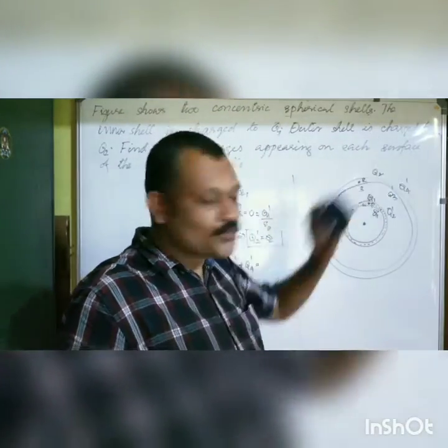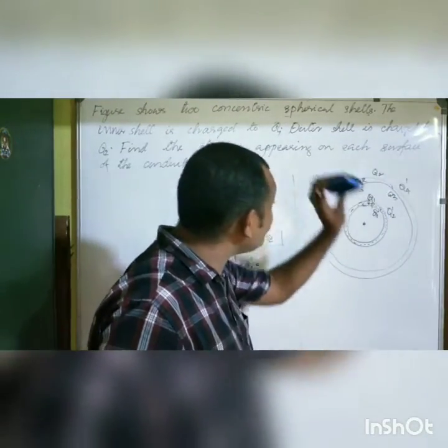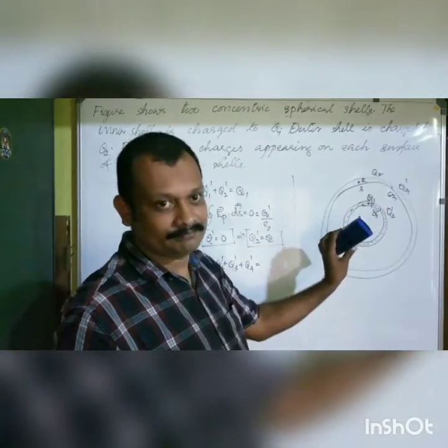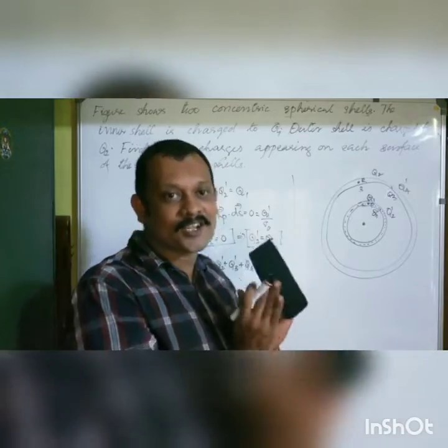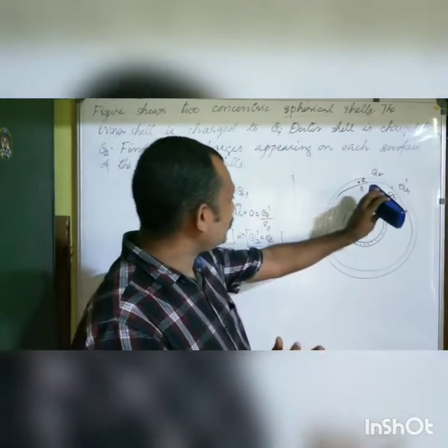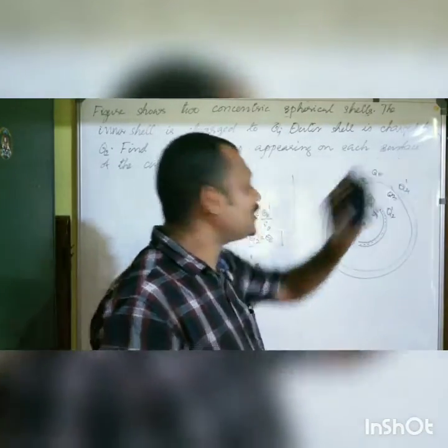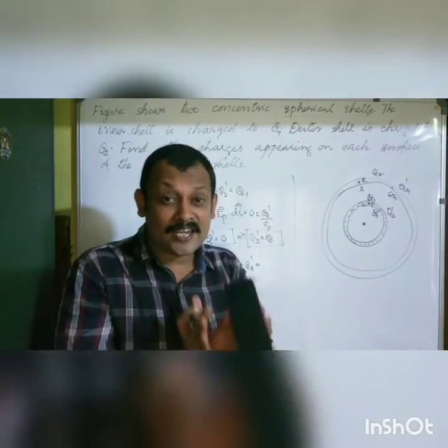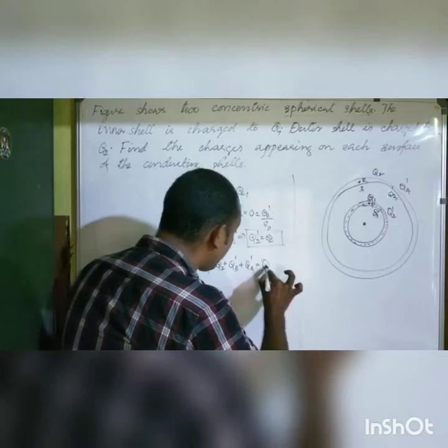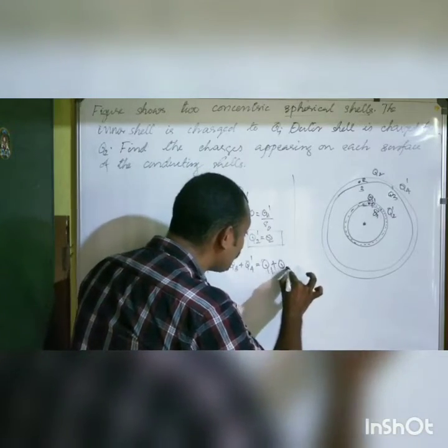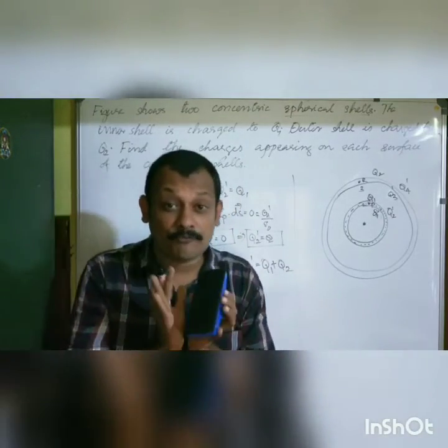The charge given to this was Q2. So the charge initially on the system was Q1 plus Q2.